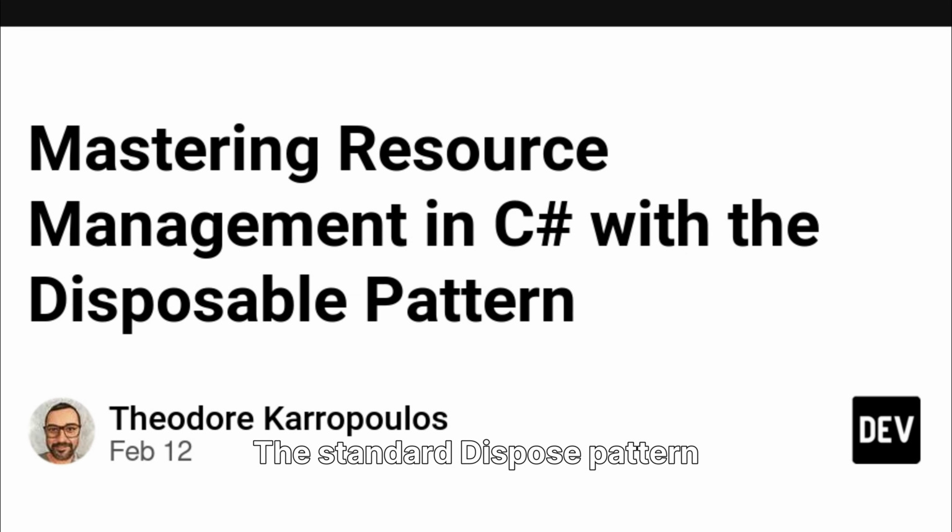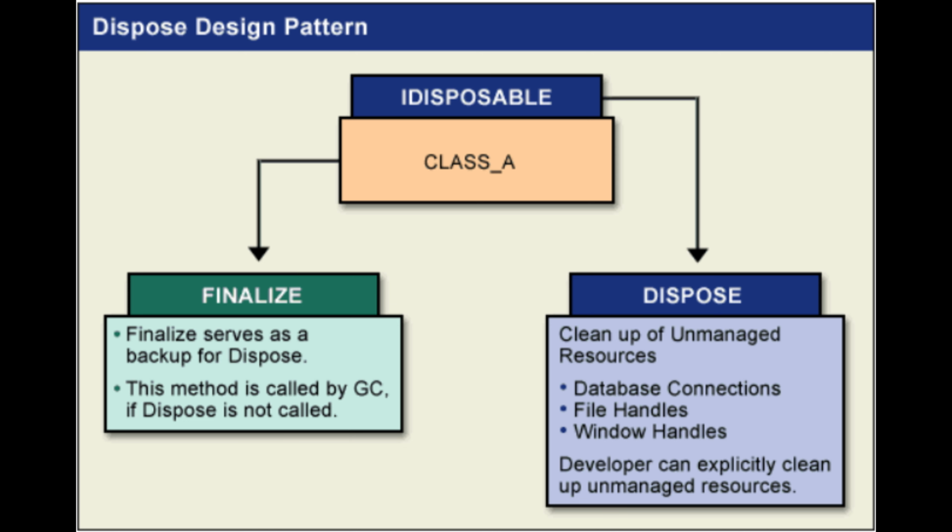The standard dispose pattern involves a public, parameterless Dispose method that calls a protected virtual Dispose. This two-part structure allows for flexible and robust resource cleanup, handling both managed and unmanaged resources. Within the protected Dispose method, if disposing is true, both managed and unmanaged resources are released.